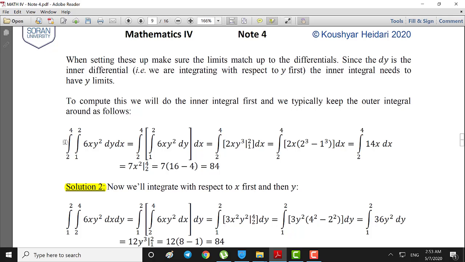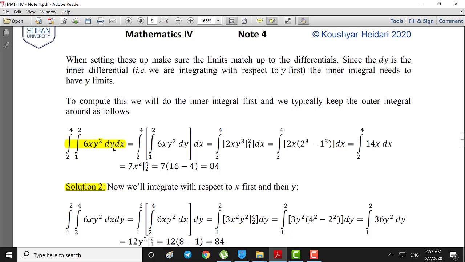This iterated integral is equal to the integral of the inner integral.